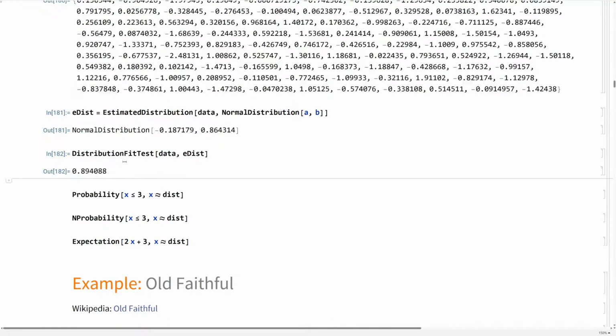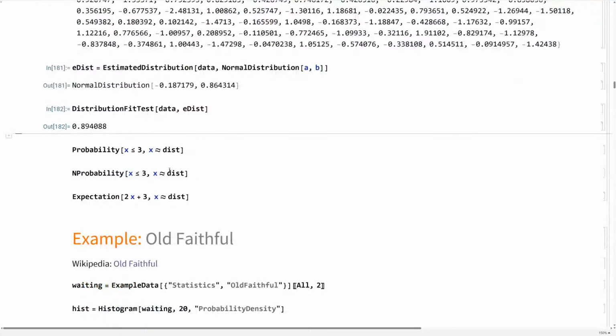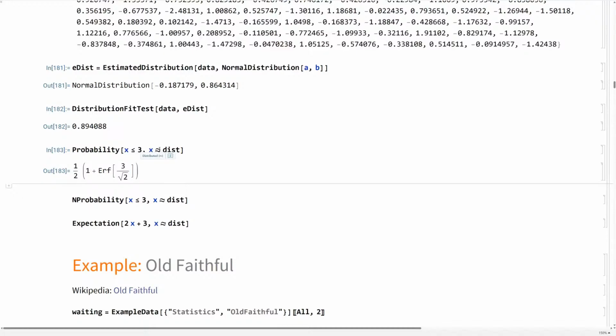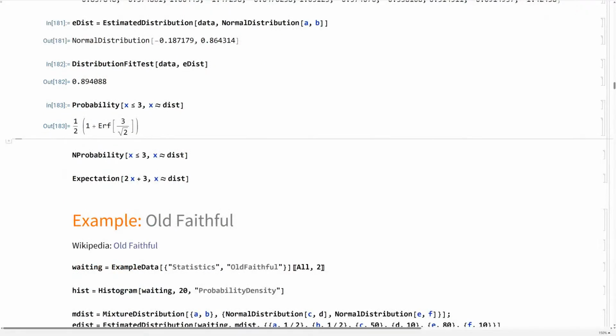Now let's see if the data is actually fitted to this distribution. It's a little bit less than 90%, I would say not really. I've seen better. Now let's look at the probability of x when x is smaller than 3. What is the probability that x belongs to this distribution?